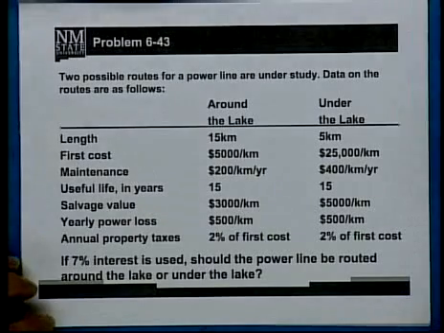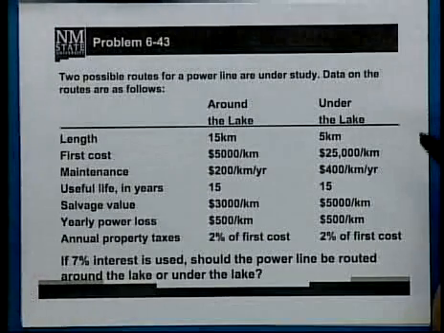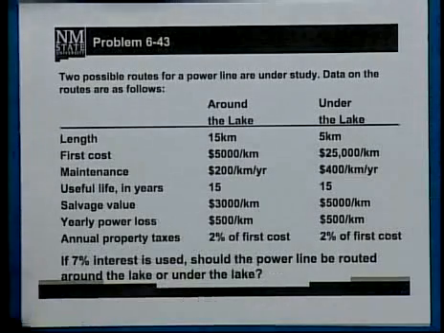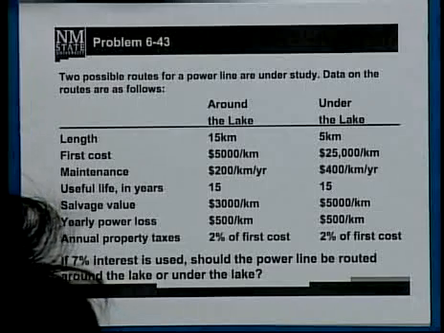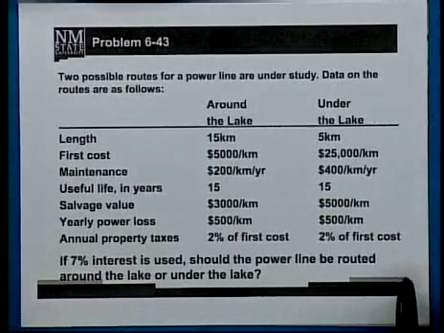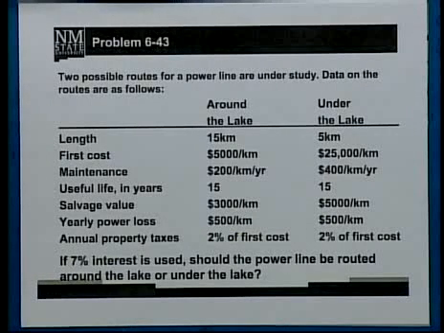Two possible routes for a pipeline are under study, and data on the routes are as follows. If a 7% interest rate is used, should the pipeline be routed around the lake or under the lake?